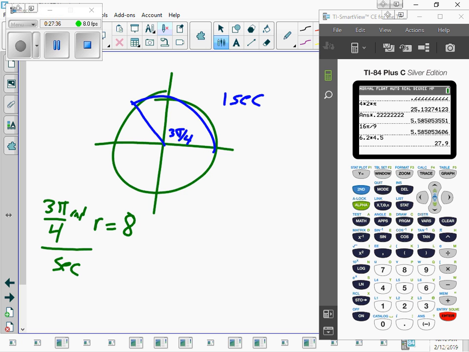How do we figure that out? So the speed is 3 pi over 4 radians per second. And the radius of the circle is 8. How fast is the speedometer on the motorcycle? Well, it covered this distance in 1 second. So we just need to figure out what that distance is.